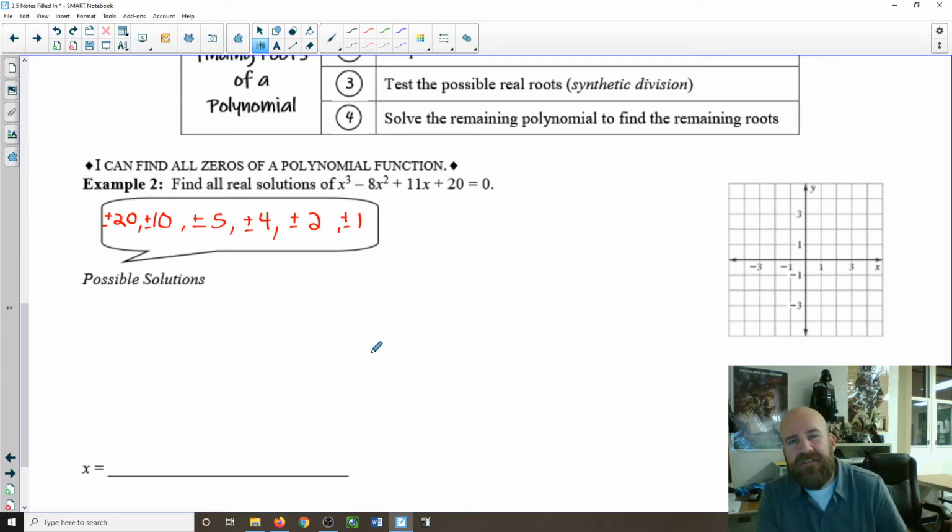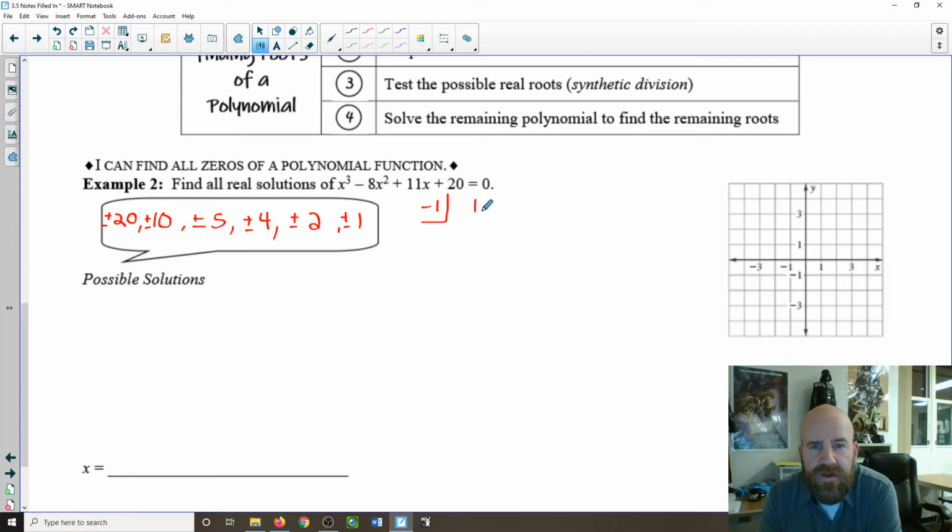Now you can graph these on the calculator and see if we can identify a zero on the graph. Sometimes it's going to be hard, other times it's going to be easy. So if you were to graph this equation, this is kind of an easy one. You're going to have 3 answers here that are real solutions. But let's go ahead and test it. So the thing I always do is I start off with 1 or negative 1. So we can go ahead and let's start with negative 1.